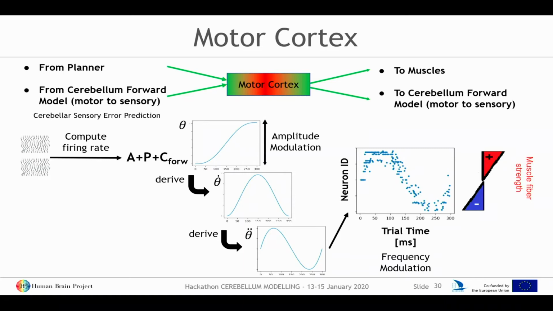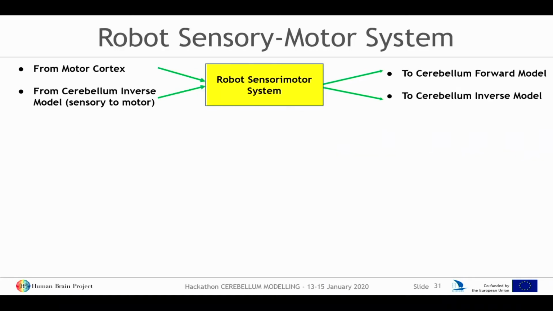So we have a sort of weighted sum of the movement. And then the robot receives this information from the motor cortex and from the other module of the cerebellum, the inverse model, and it transforms that information into a movement.